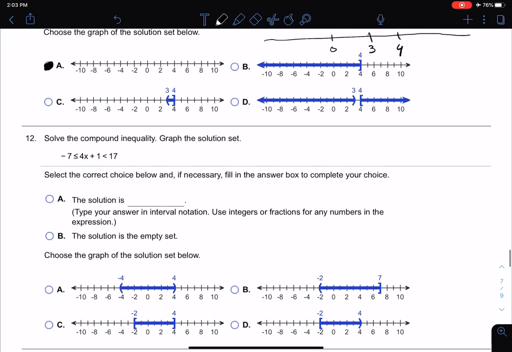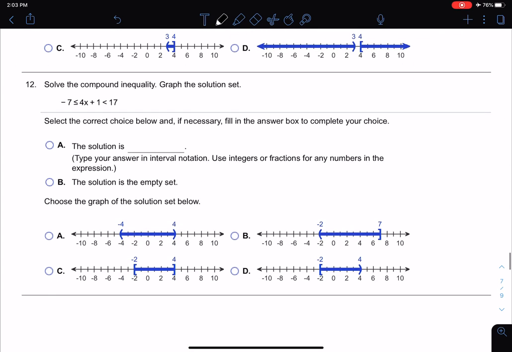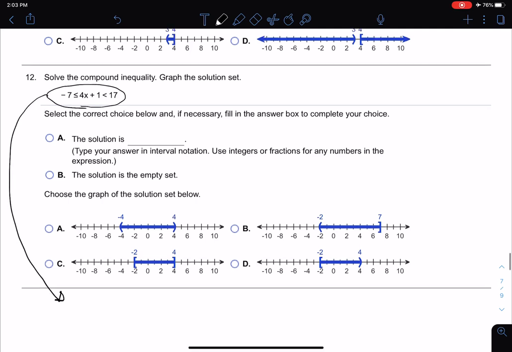Okay. Number 12. Number 12 is a compound inequality, and it's written in this fashion. We saw this before, but I want to kind of review this again. The best way I would recommend to tackle this is to solve this in this fashion.